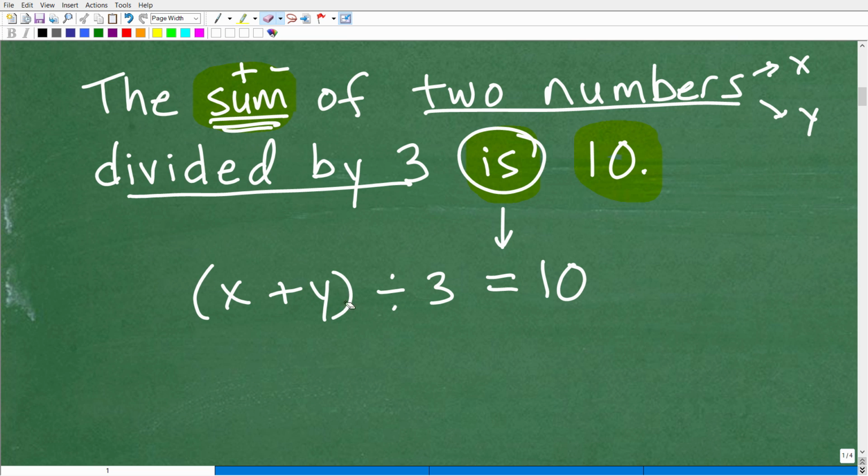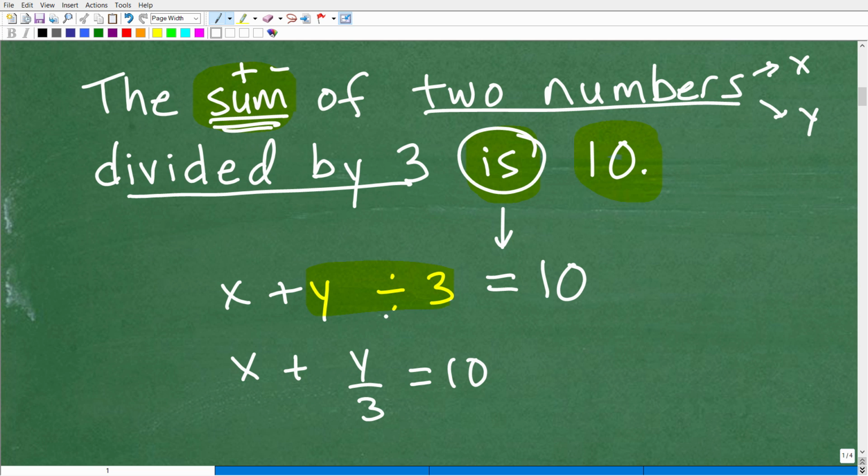Now, if you didn't have your parentheses, you would get yourself in trouble, because really this would be x plus y divided by 3. Remember the order of operations: you have to do division first. So this statement would be saying x plus y divided by 3 is 10, which is a number plus another number divided by 3 equal to 10.